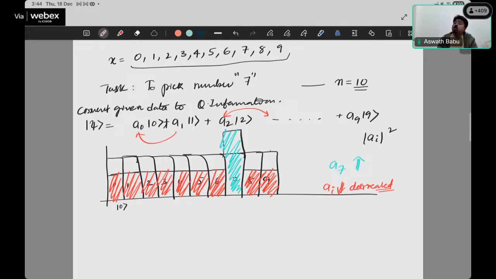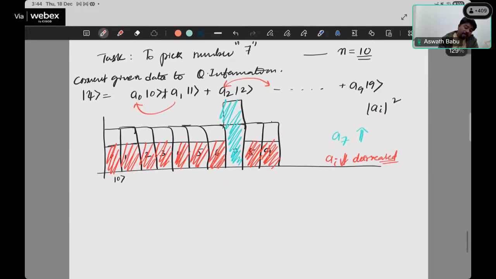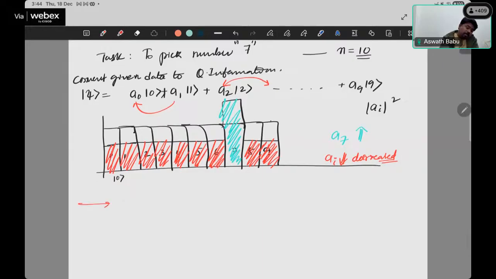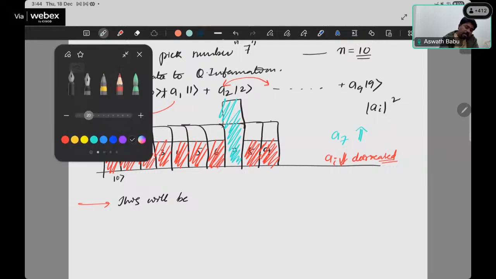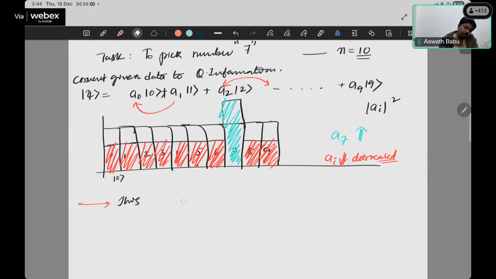So that is the quantum optimization, the quantum algorithm. It is the actual working principle in Grover's algorithm.